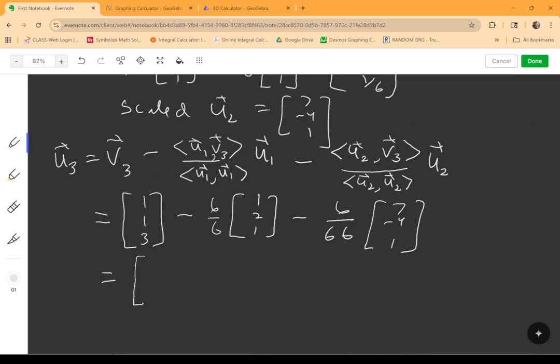So here, let's simplify this. This 1, 1, 3 over itself is 1, so 1, 2, 1, and then minus 1 over 11 times 7, negative 4, 1.